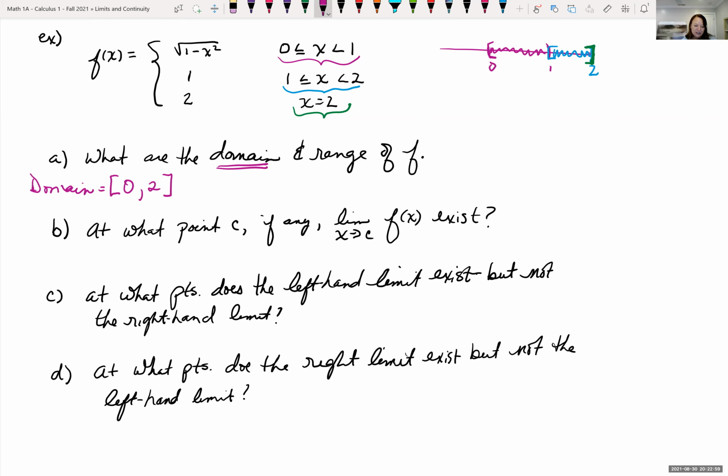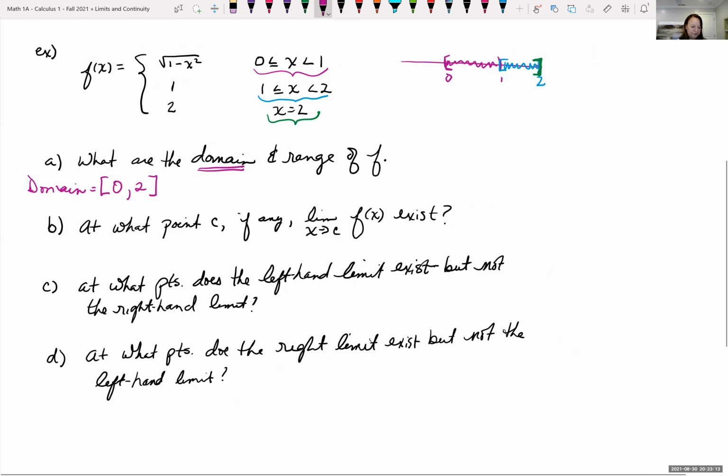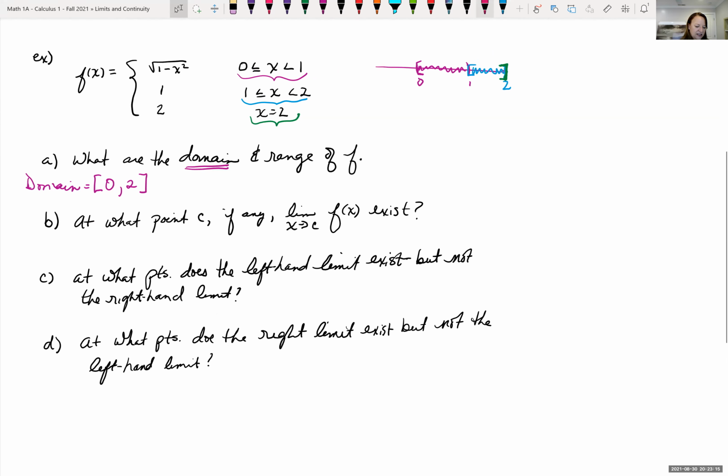The range is a little bit harder because you kind of need to know what the graph is looking like, and you should be getting more and more familiar with what your graphs are looking like from these equations. Square root of 1 minus x squared. Well, let's look at that.